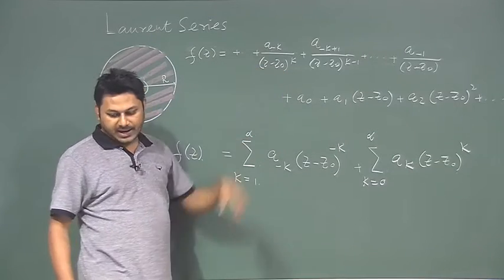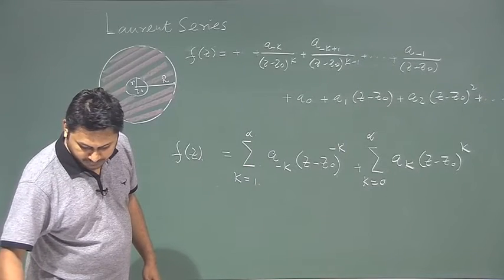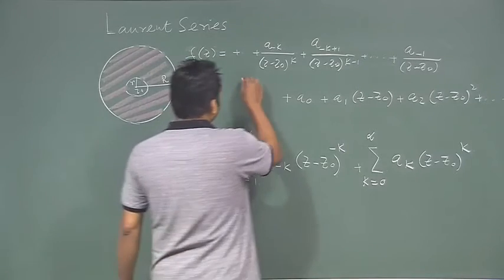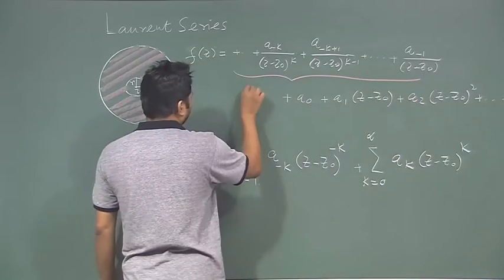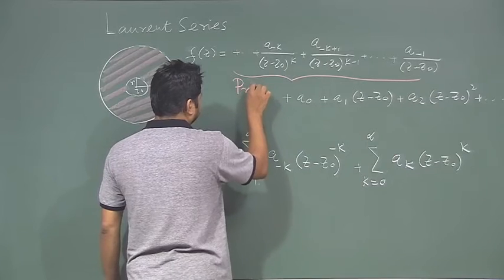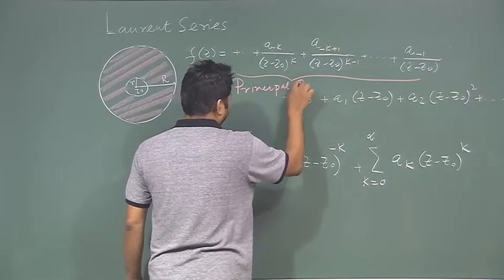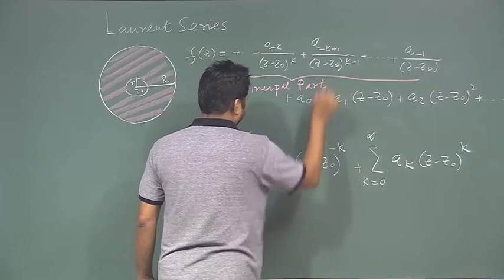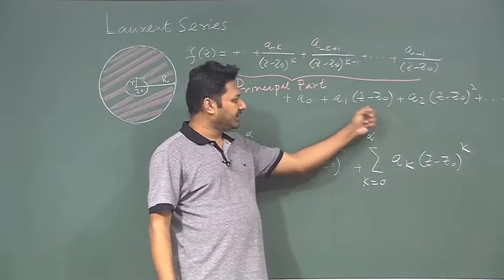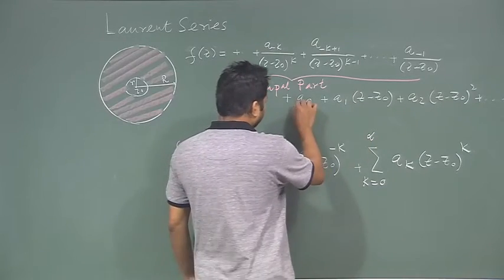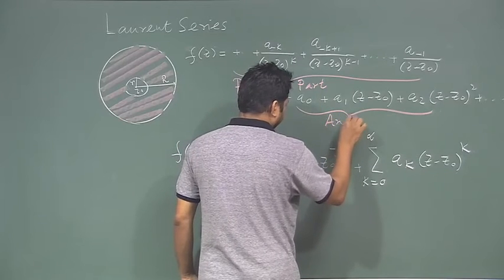The portion that has the 1 by (z - z0) terms, up to here, is called the principal part, and this portion which is a0, a1 (z - z0) and so on is called the analytic part.